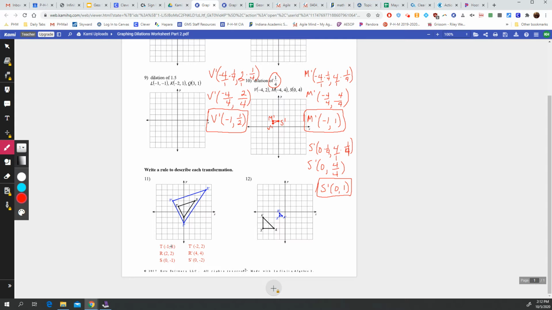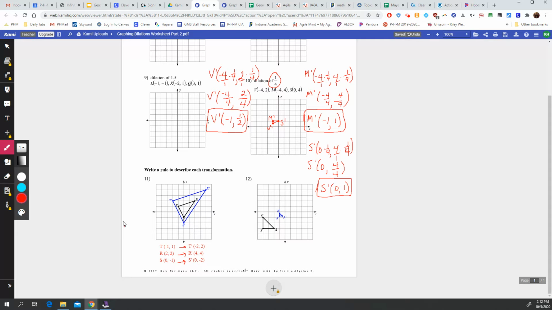Dilation would mean all the coordinates are multiplied by some scale factor. So can we identify any number that we multiplied the x coordinate, the y coordinate by? It looks like all of them are being multiplied by 2 to go from t to t prime, r to r prime, s to s prime. Looks like we multiplied by 2 on all of those.